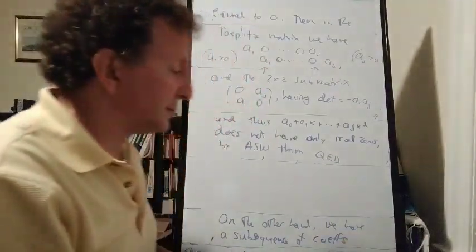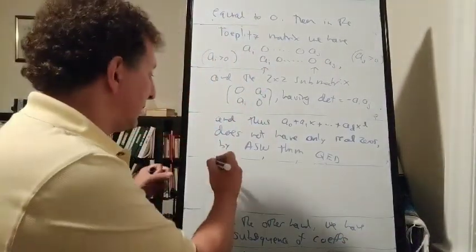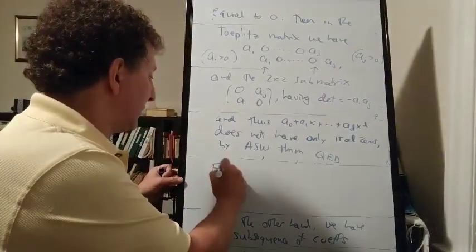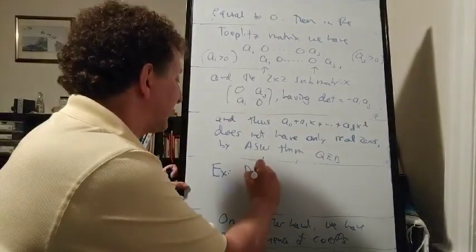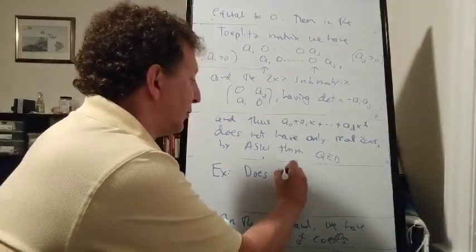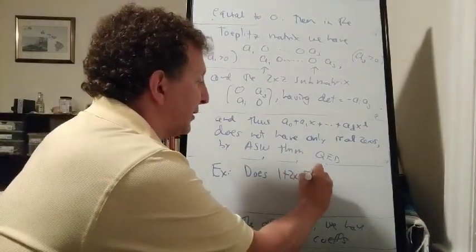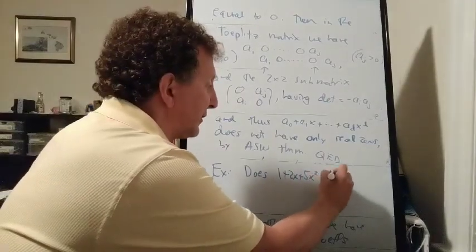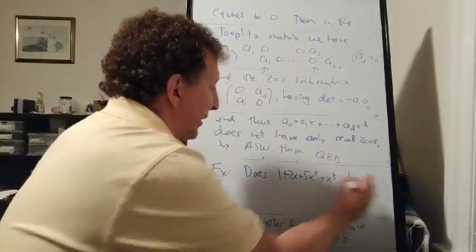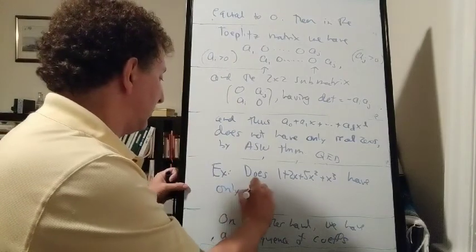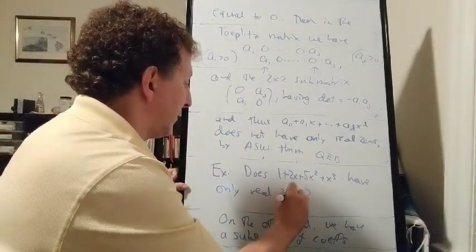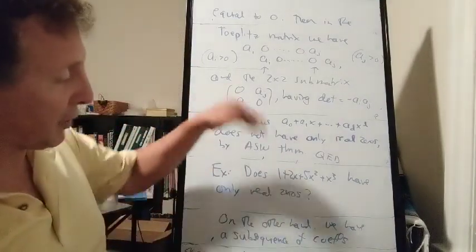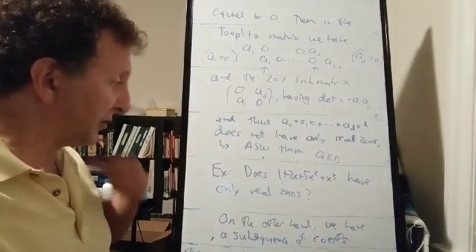So, as an example of these facts, we could look at a polynomial and ask, does 1 plus 2x plus 5x squared plus x cubed have only real zeros? The coefficients go up and come down again, so unimodality holds.